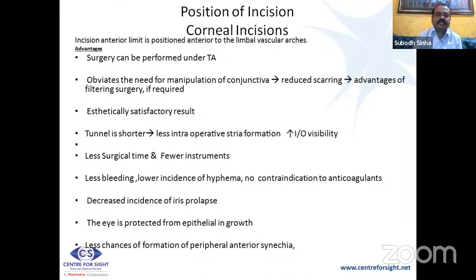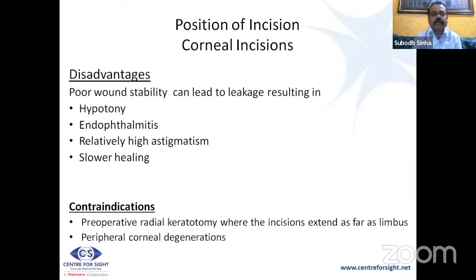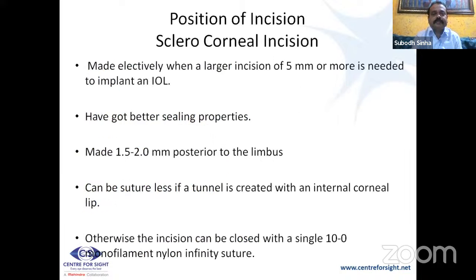And it is quicker, faster, with less chances of bleeding, particularly in those patients who are on anticoagulants, and there is decreased risk of iris prolapse and epithelial ingrowth. At the same time, there are less chances of formation of peripheral anterior synechiae. So we are more concerned about the sclerocorneal incision in manual small incision cataract surgery.